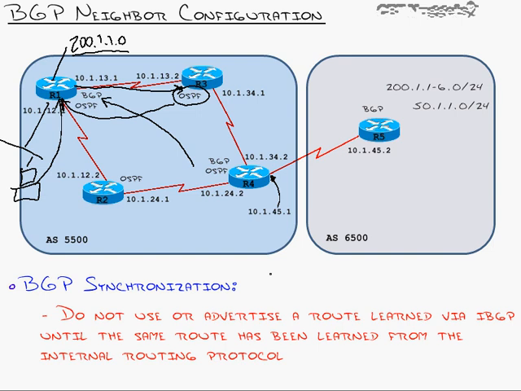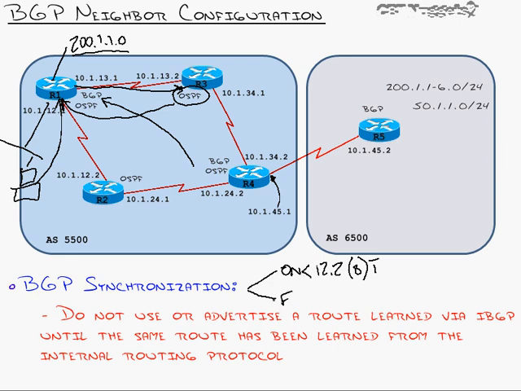Now, here's the weird thing about it. BGP synchronization is on in iOS releases before 12.2. Here's that weird iOS version again, 12.2 release 8T. And I should say less than 12.2 release 8T.